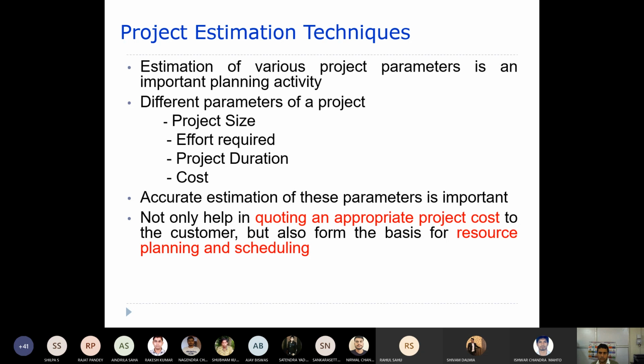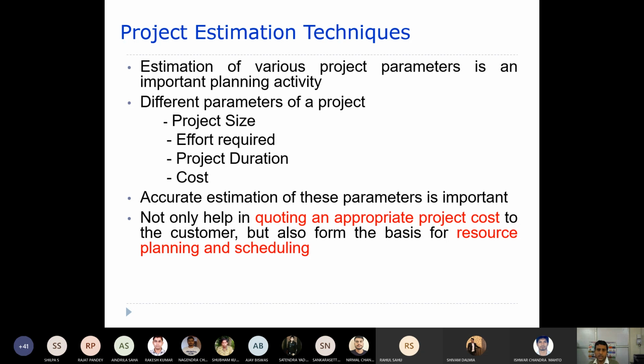Through these techniques we'll be able to estimate various project parameters, and these parameters are of paramount importance during project planning.